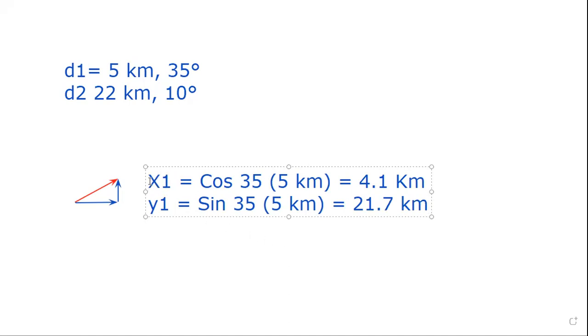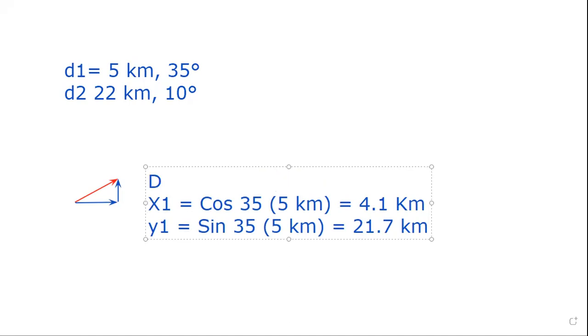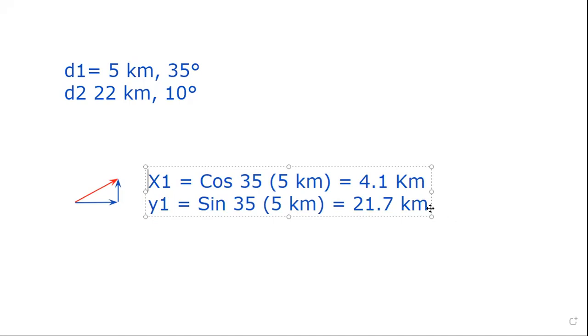Of course it's D1 because it's X1 and Y1. So let's do the same thing now for D2. The 22 kilometers one is a little bit less steep because it's just 10 degrees.